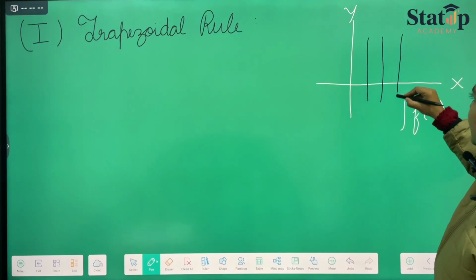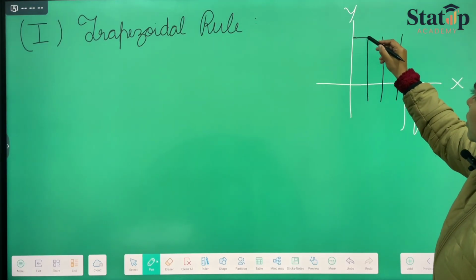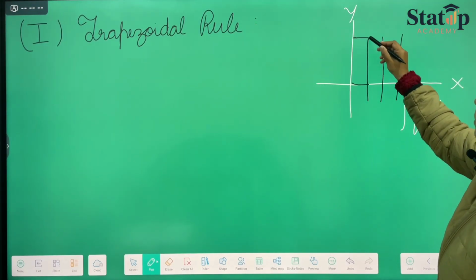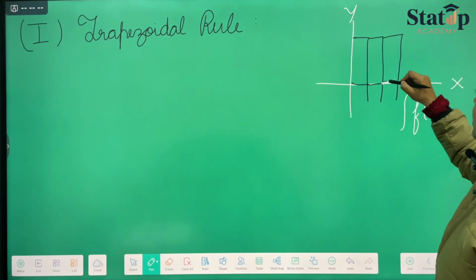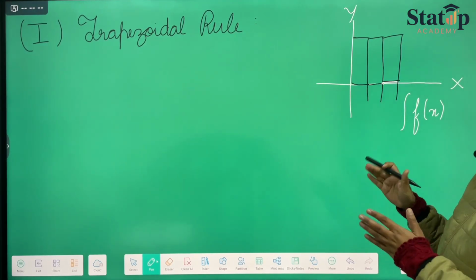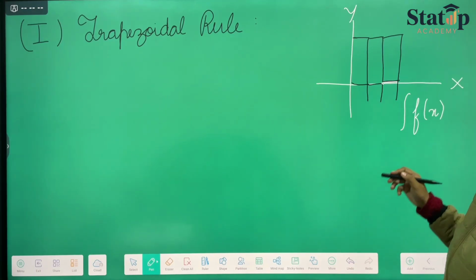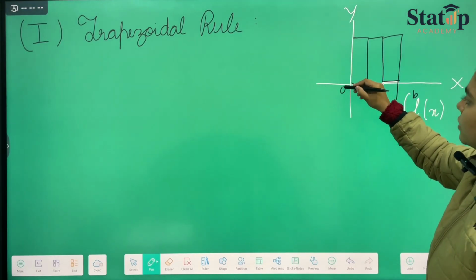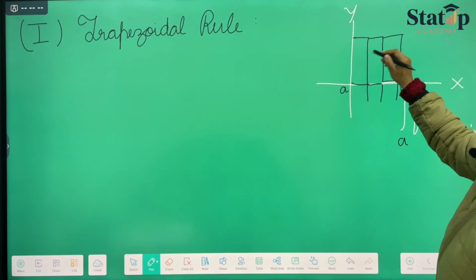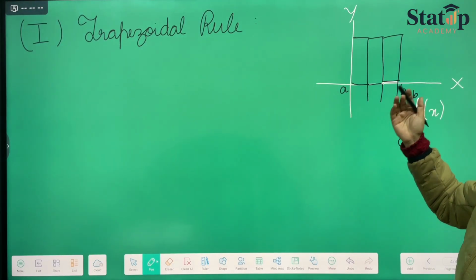Integration means by parts. We are dividing the whole range into parts. Suppose we are dividing from a to b. So the range starts from here to b here. We have divided it into three parts, or maybe more than three.